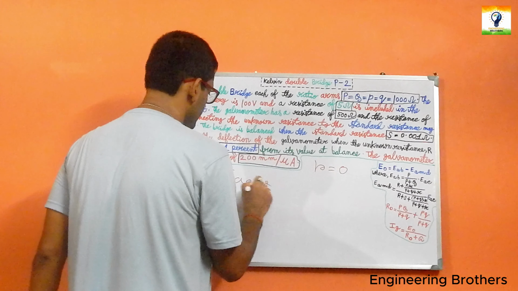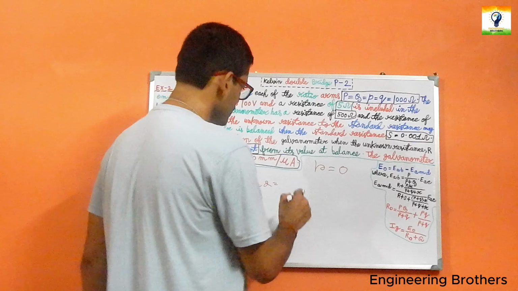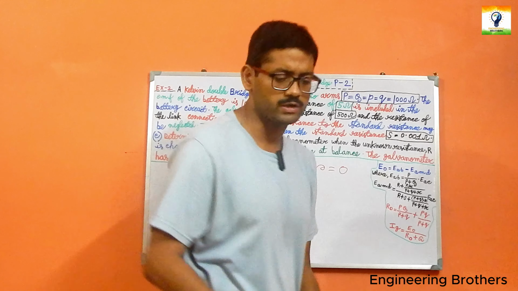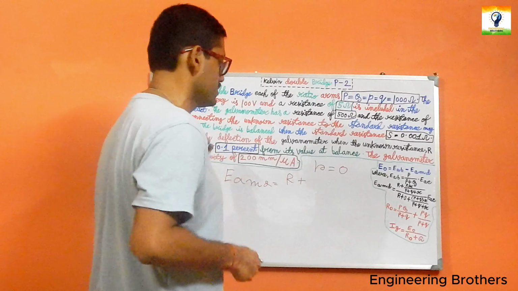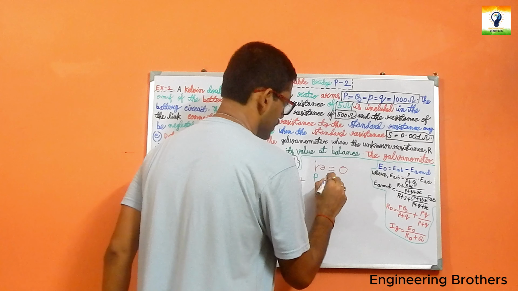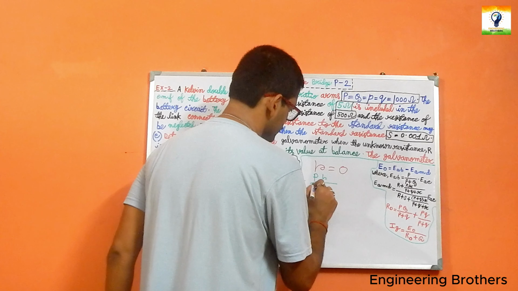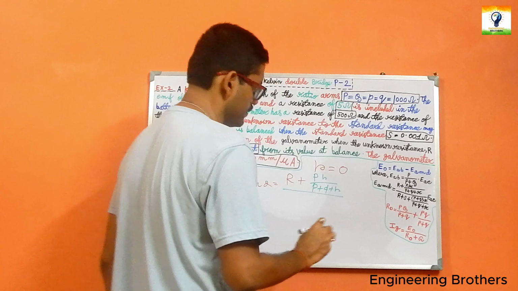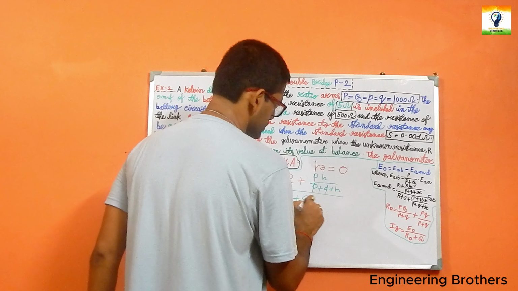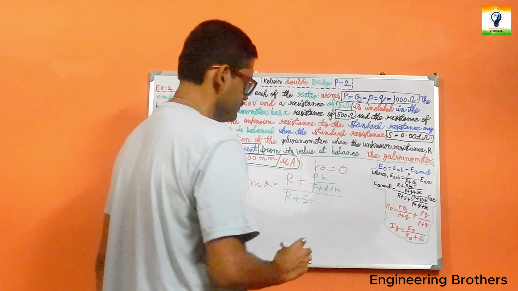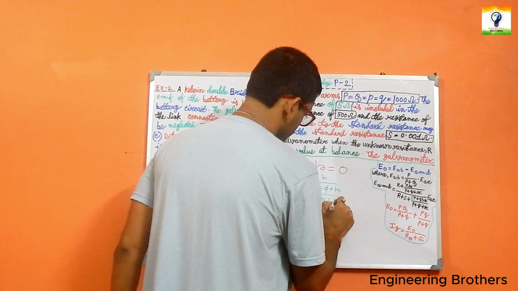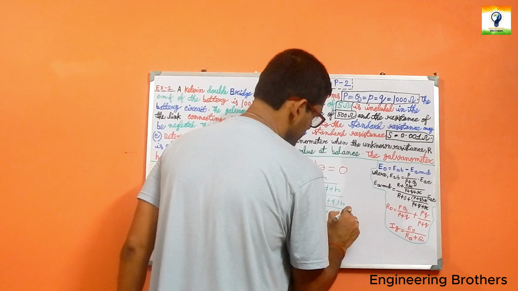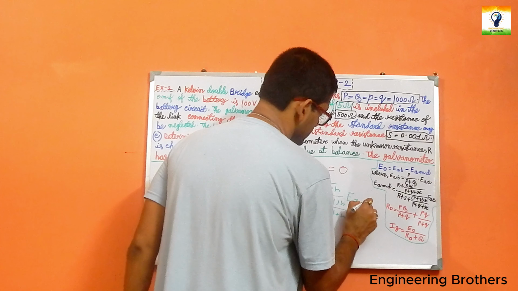First I should write the expression, which will be more helpful for you: R divided by small r... PR divided by small p plus small q plus small r, divided by r plus s, plus P plus Q multiplied by R divided by P plus Q plus R, multiplied with our EAC.